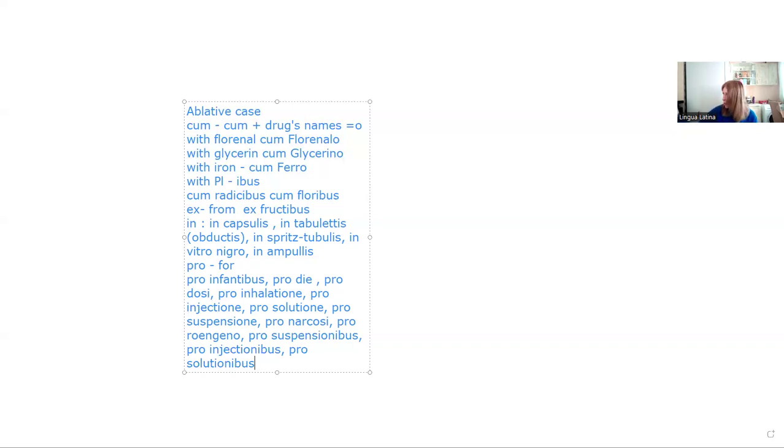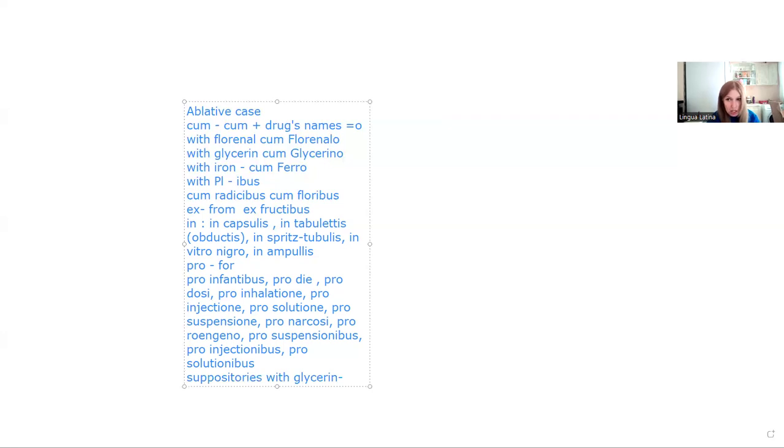Well, let's deal with some examples that contain ablative and accusative cases. Let's translate the following pharmaceutical terms. Suppositories with glycerin. Suppositories is plural, nominative plural.